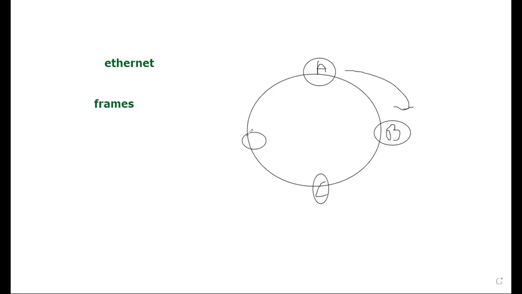If the token is filled, then the computer will check the destination address, and if that destination address matches your node address, then it accepts that token. So this avoids the collision. Therefore it is also used as an access method. The access method is used to avoid the collision.